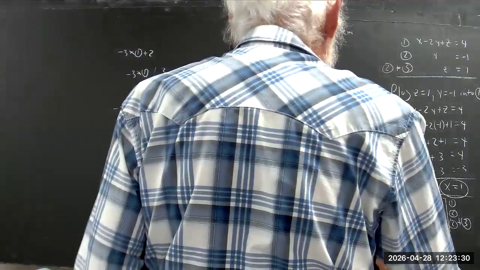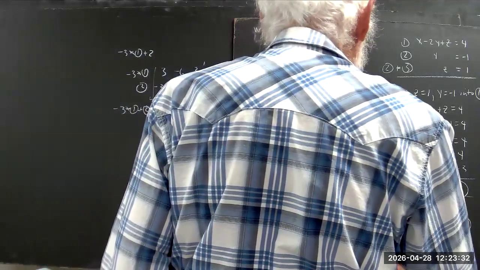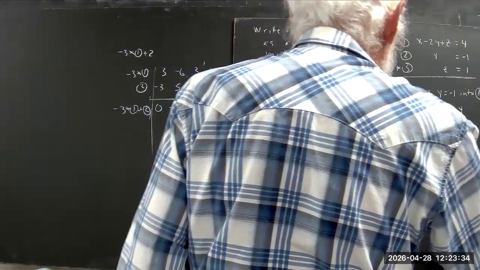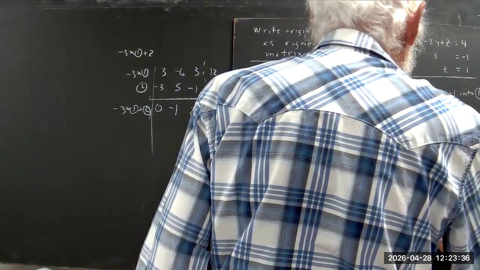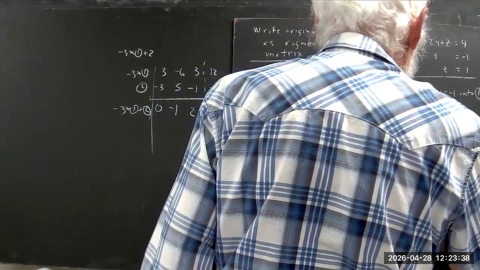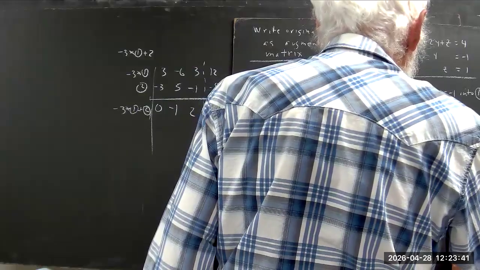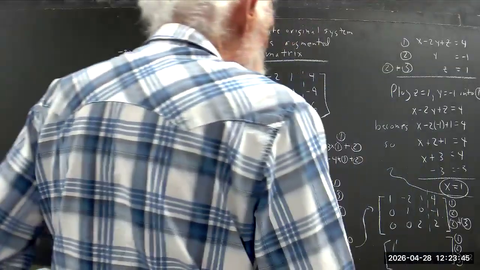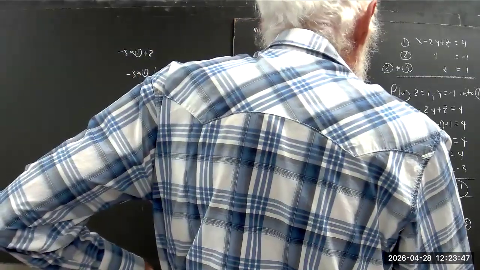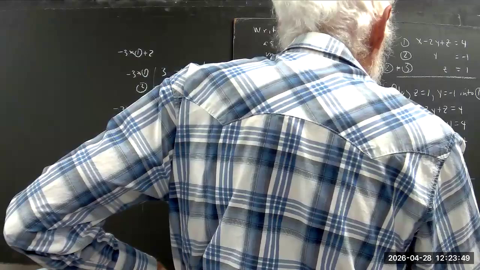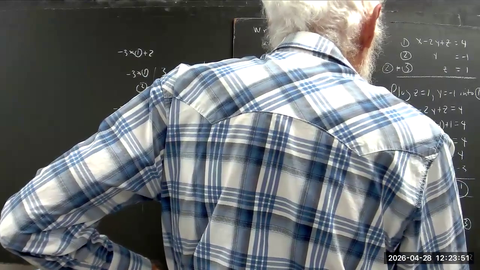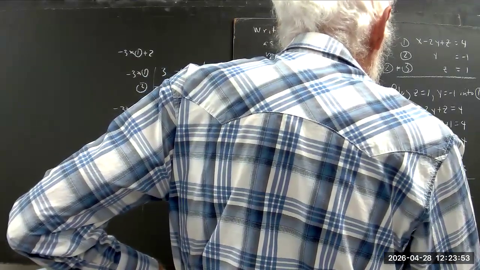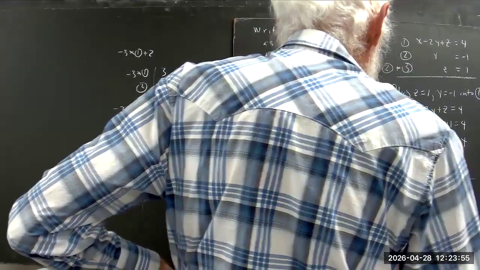And then finally, we get the matrix. Okay, we're just going to divide that last row by 2. We're going to have the first row still 1, -2, 1, 4. Second row is still going to be 0, 1, 0, -1.